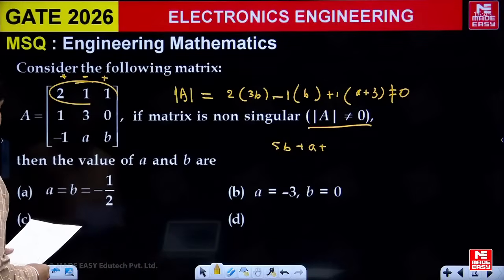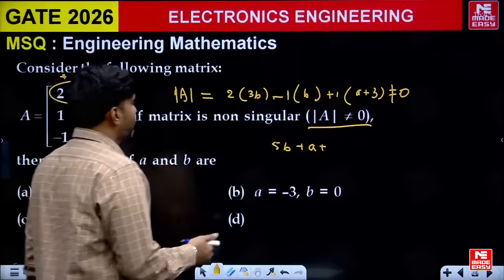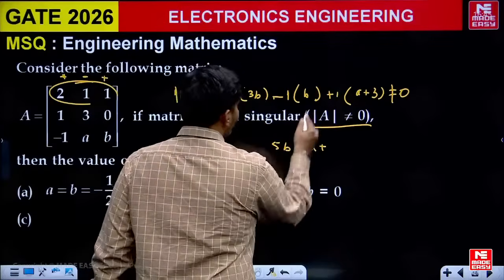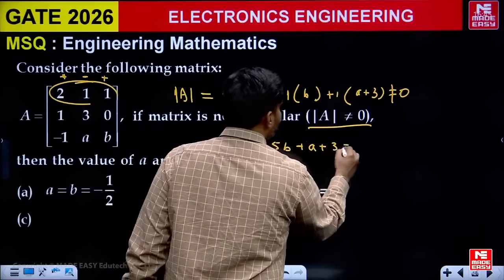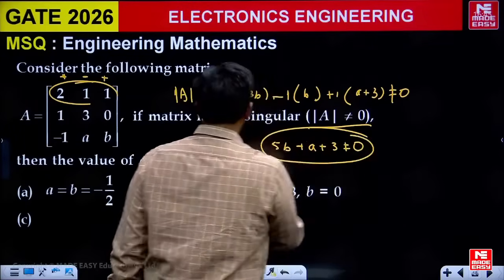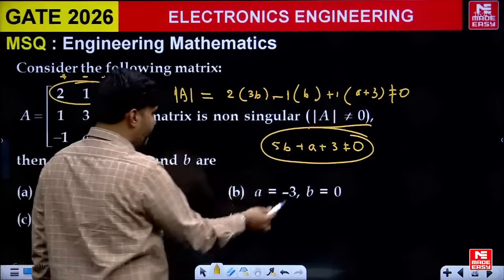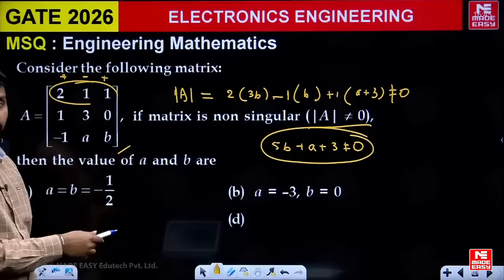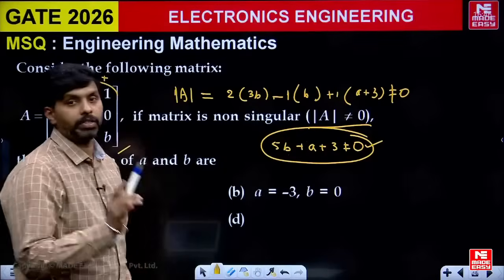Okay, fine. If this is the case, you can see 5b plus a plus 3, and plus 3 is not equal to 0. If this is the matrix, this is the condition we are arriving at. Let us check with the options, and whichever satisfies this is the correct answer here.